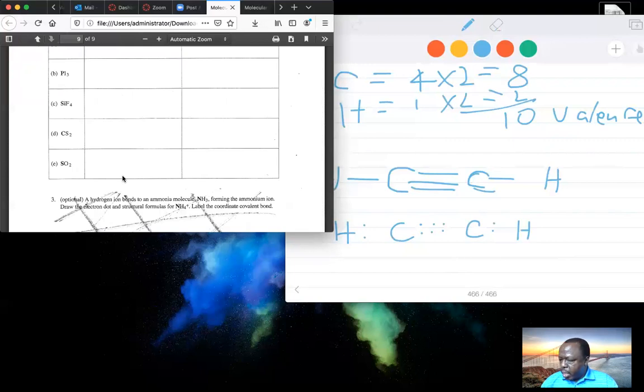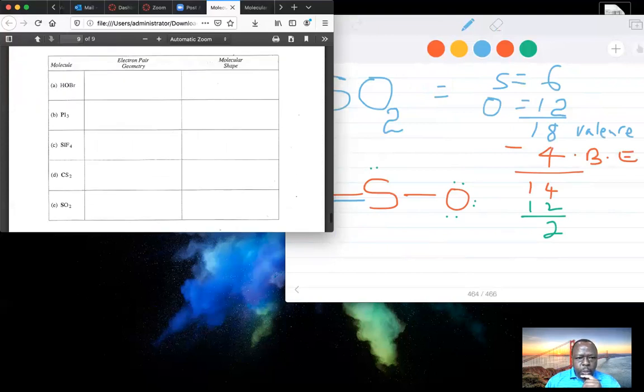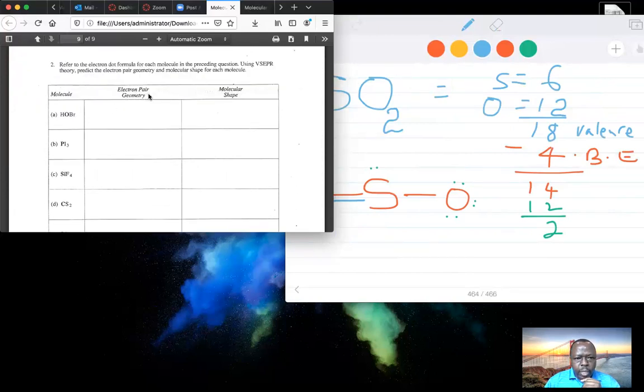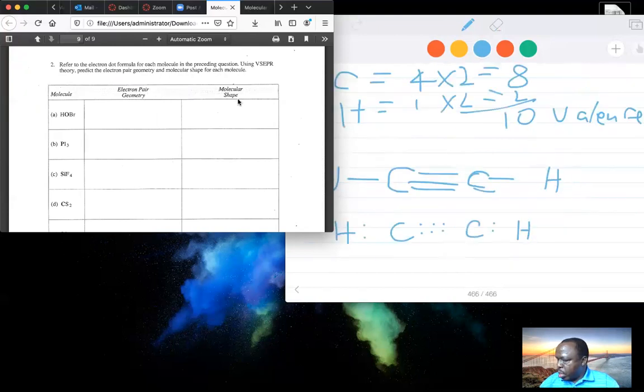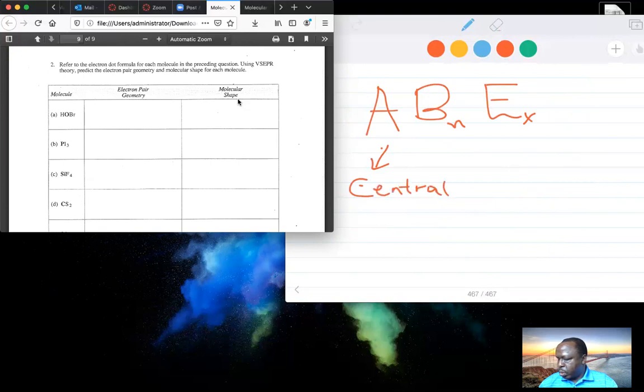And then at the end, if this is an example of your molecule, to predict what we call electron pair geometry and then molecular shape, you will use this general formula, A P N E X. I'm just going to break it down. A stands for the central atom.